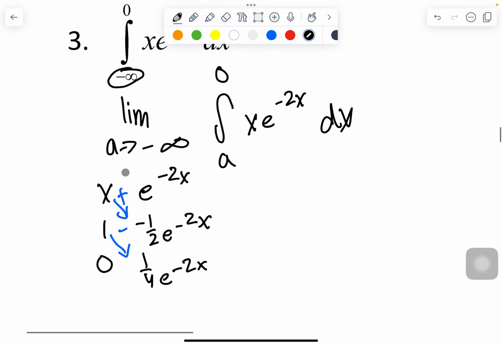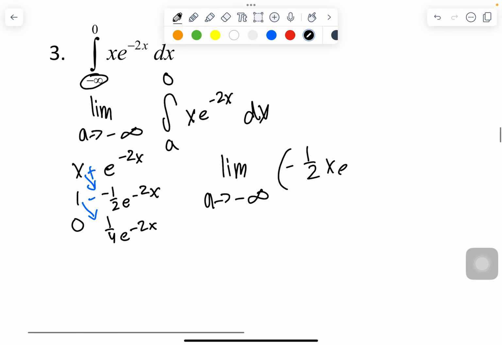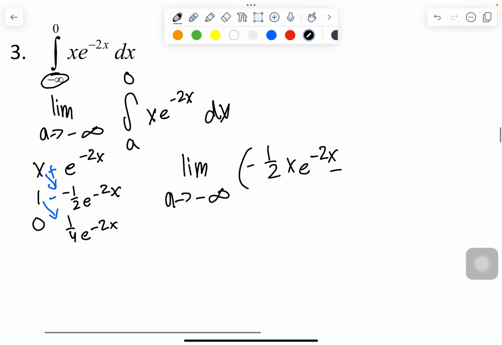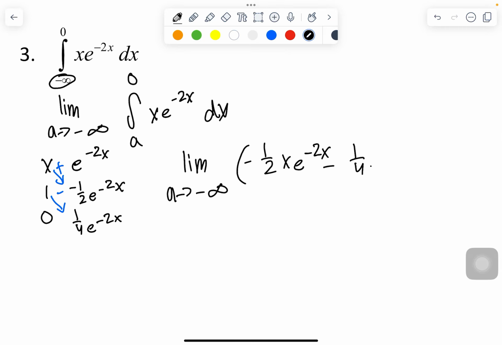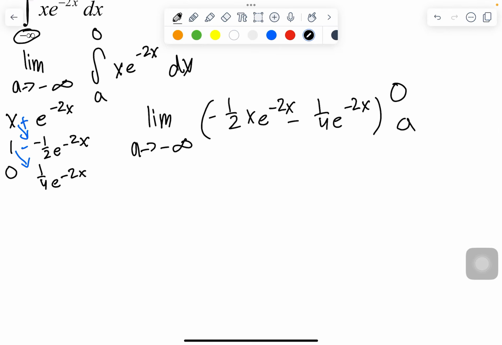Then I'd get the integral as negative 1/2 x e to the negative 2x minus 1/4 e to the negative 2x on 0 to a. So then I can plug in my values.